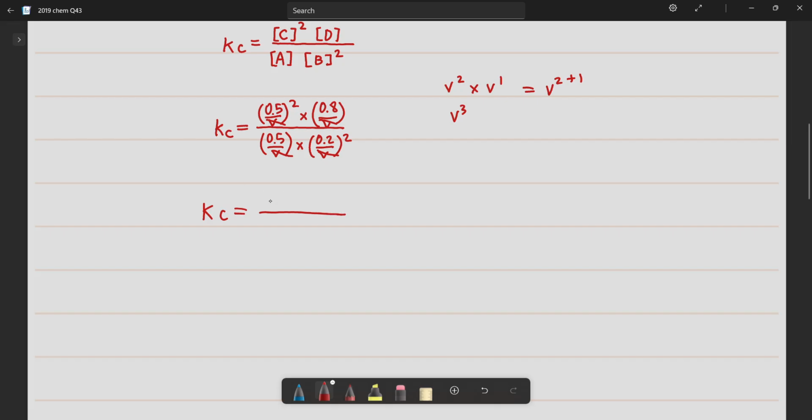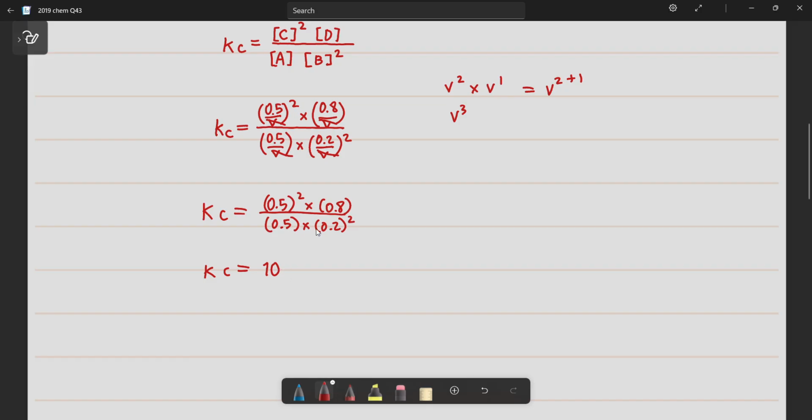Just we've simplified it. So 0.5 squared times 0.8 over 0.5 times 0.2 squared. Okay, so our answer when we calculate will be 10.